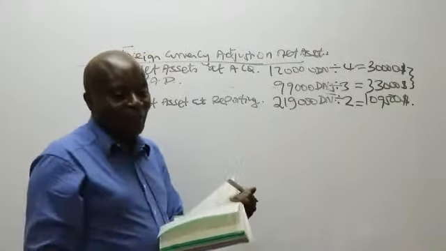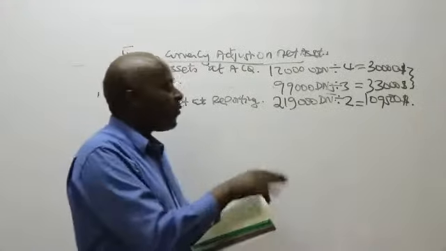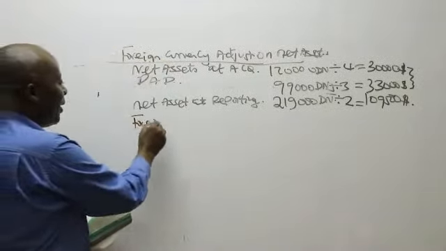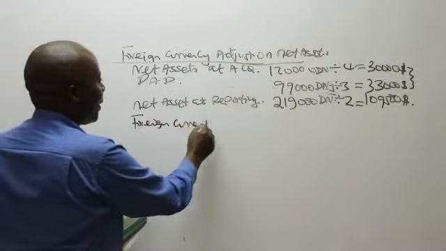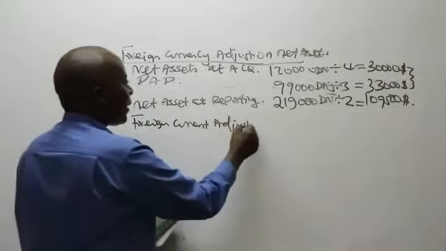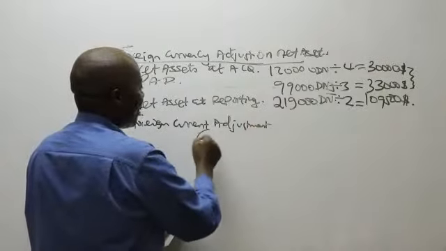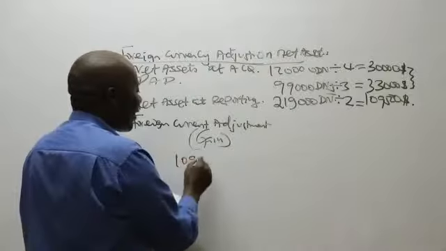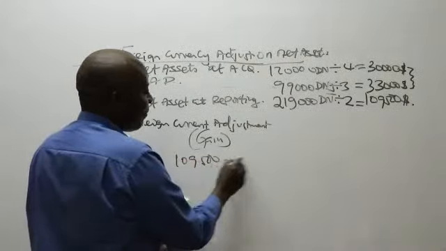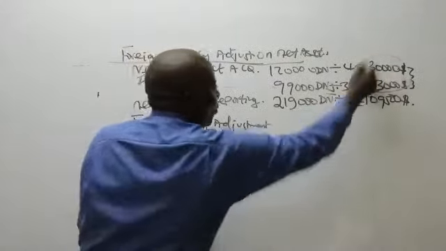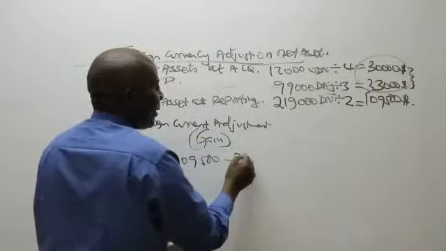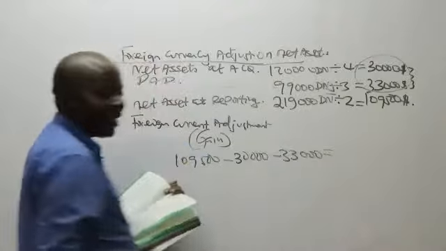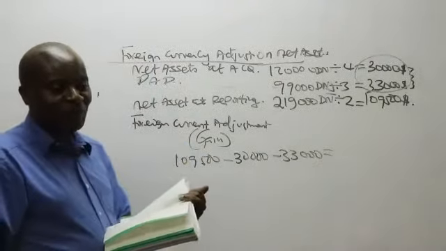So, for you to get the foreign currency adjustment on net assets, which will be a gain here, I'll take the closing rate 109,500 minus these two combined, minus 30,000 minus 33,000. You'll be able to get your gain on net assets.